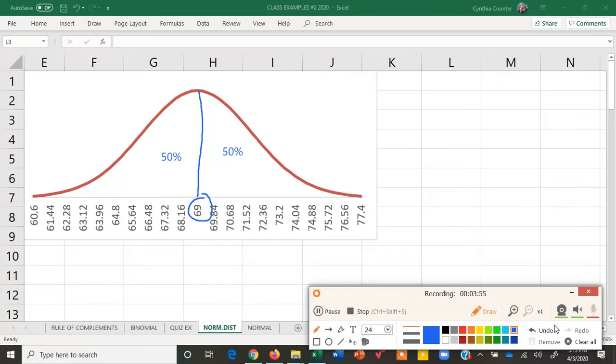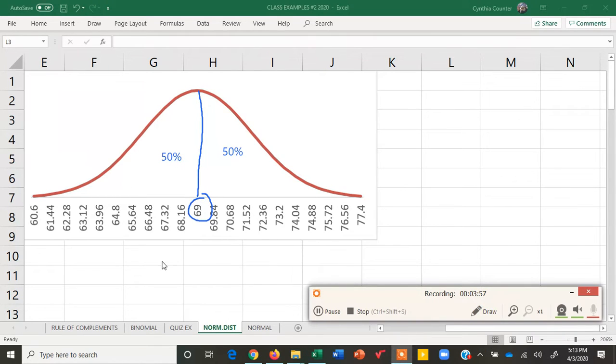So the 50th percentile, P50, which is also the second quartile, Q2, which is more commonly referred to as the median, is the same thing as the mean when you're working with a symmetric distribution.